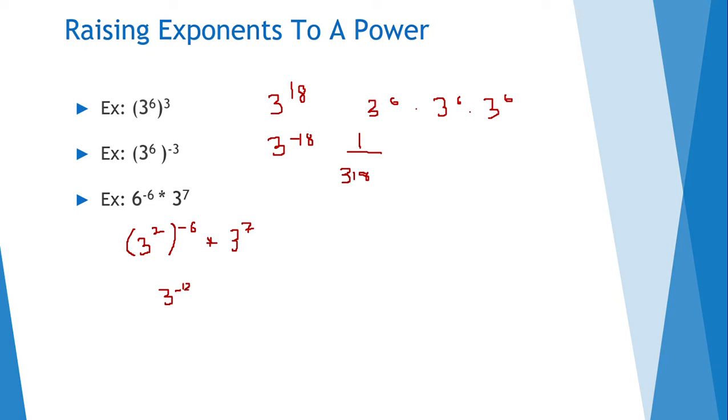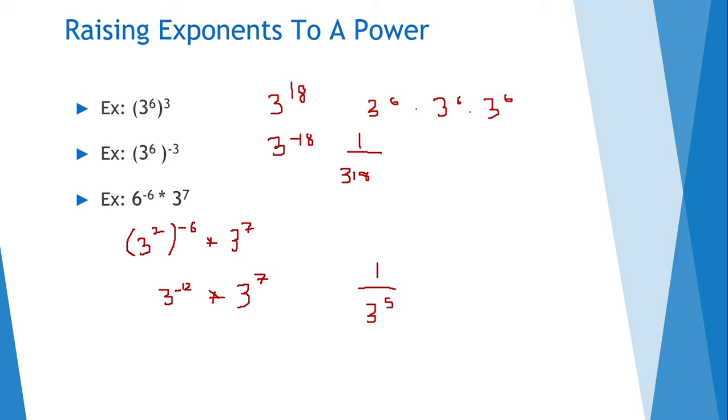Sorry for the slow writing, but we'll get through it. And we'd have 3 to the power of 7. Negative 12 plus 7 would be negative 5, so our answer would be 1 over 3 to the power of 5, or 3 to the power of negative 5.